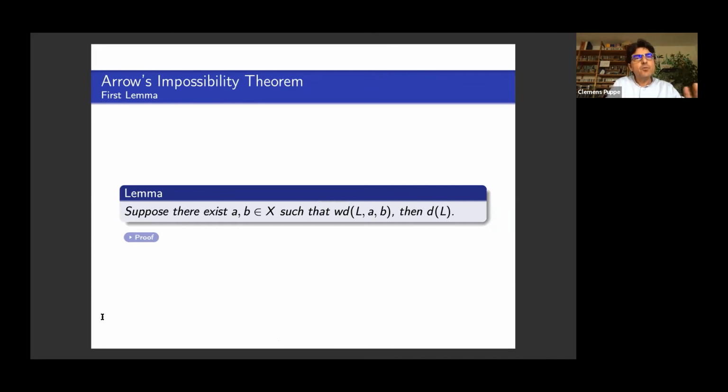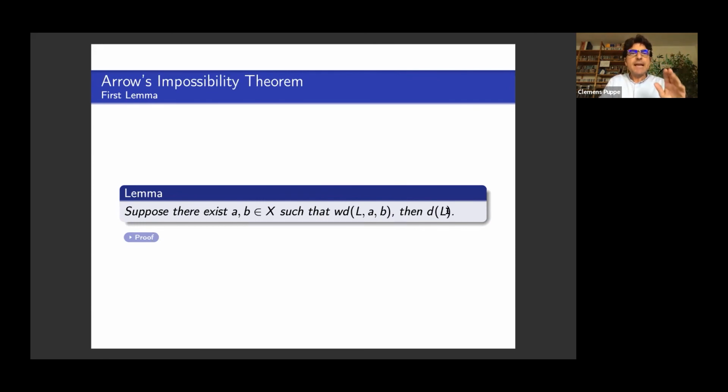Now, I have two lemmata, and then we will have proved the theorem. The first lemma says, if there exist A and B such that the group L is weakly decisive for A against B, then it must actually be decisive for everything. So weak decisiveness for a particular pair implies full decisiveness for everything.